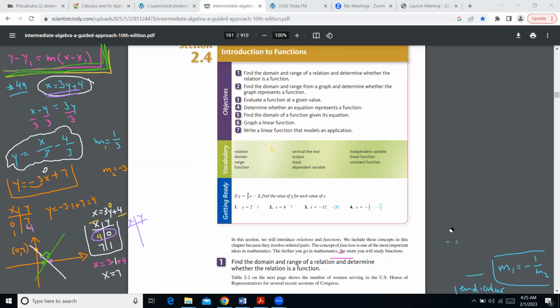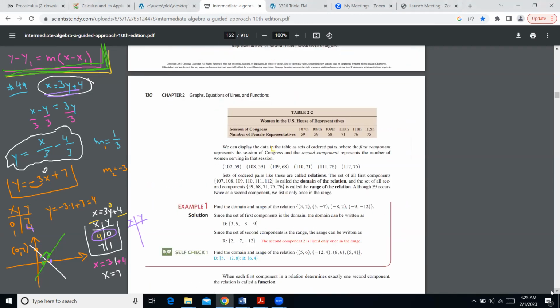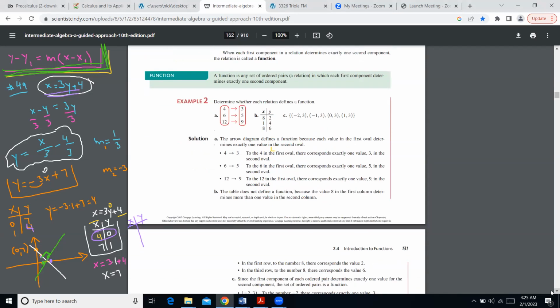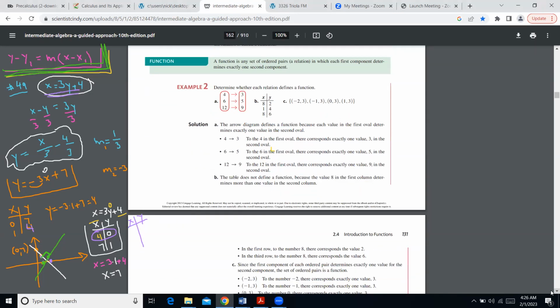Because it turns out that some of the equations that we graph happen not to be functions. So let me see how nicely they describe functions here. Like in example 2, they relate two sets, one with the other.